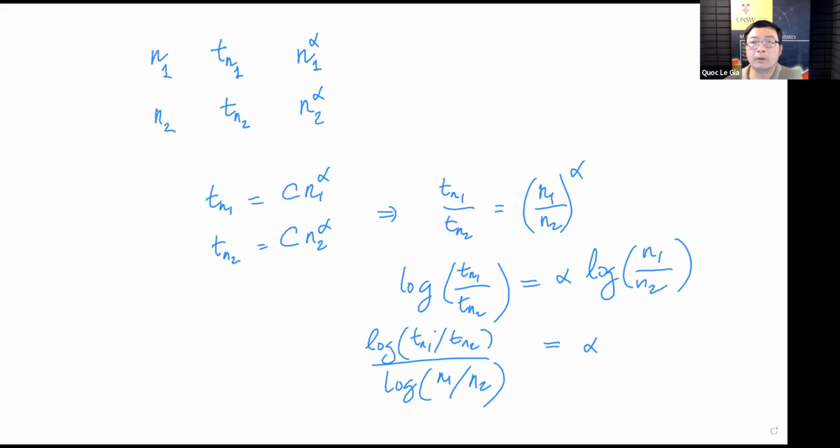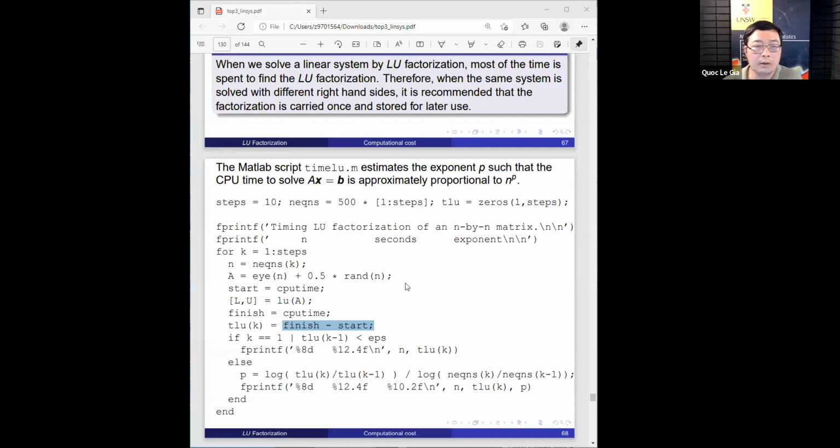If you go back to the slide, you will see the logarithm of the time ratio tk over tk minus 1, over the logarithm of nk over nk minus 1. So p is actually the power. It gives you the power of the time in terms of n.